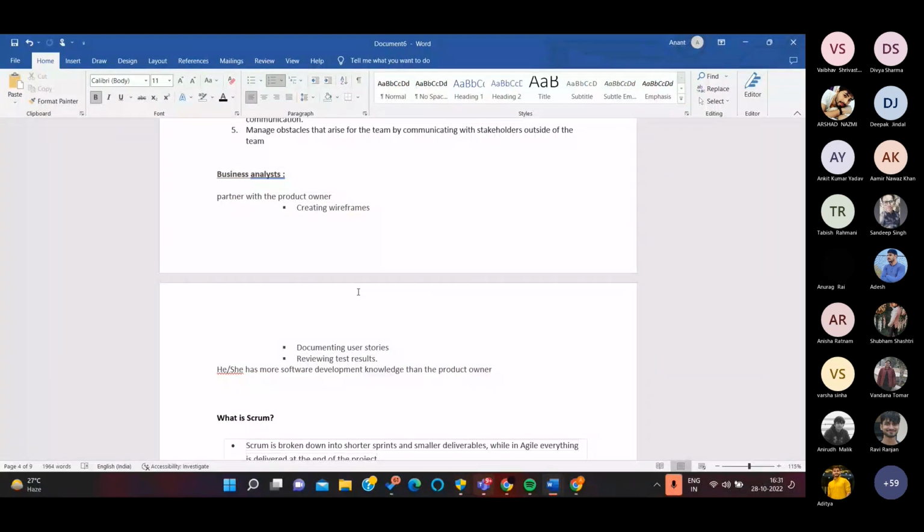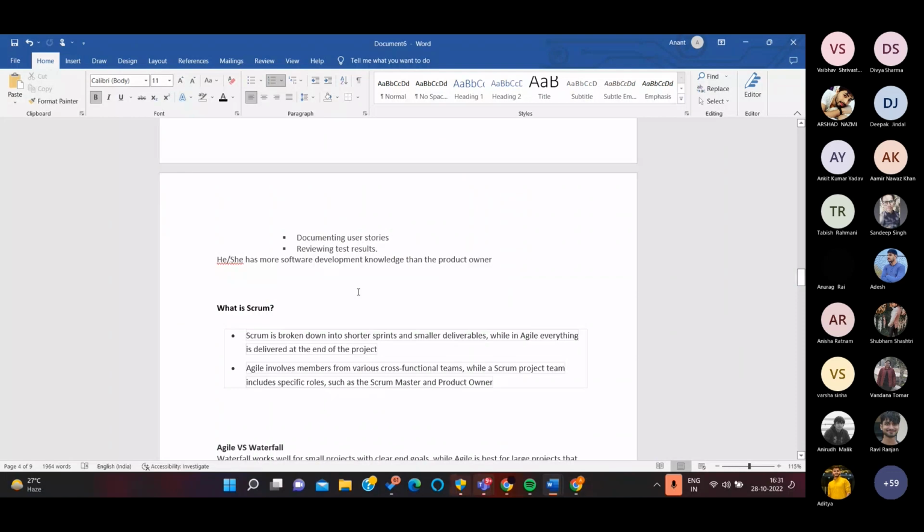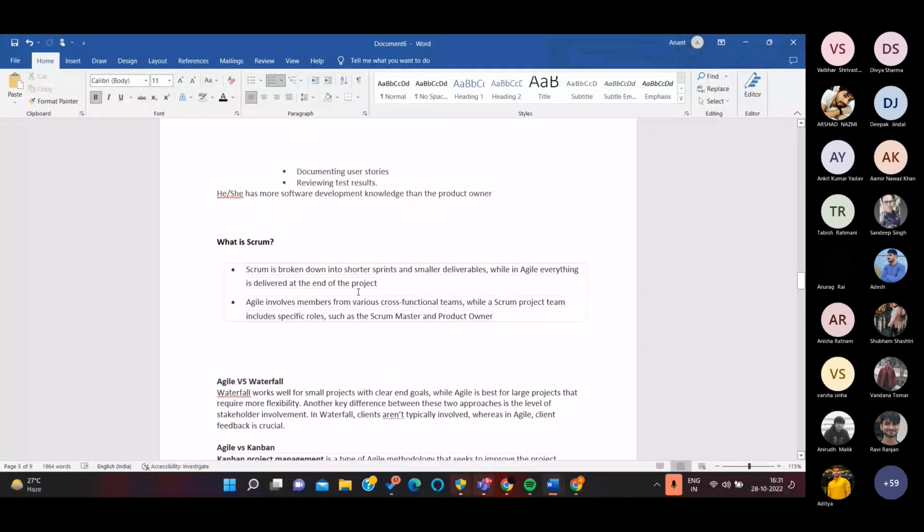User stories is something that we will be discussing later, so I just want you to take note of it. User stories is something that we will often come across, and everyone should be aware of it while we are in any of the projects, because there are times when we come across these terms and we really don't know what the client is really expecting of that particular thing. And then reviewing the test results after the testing is done.